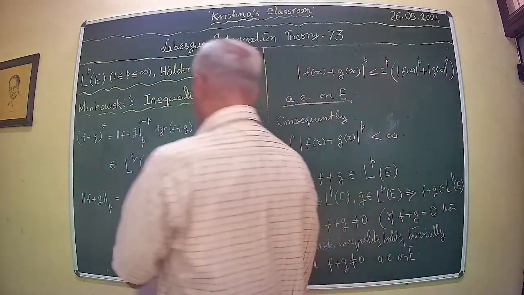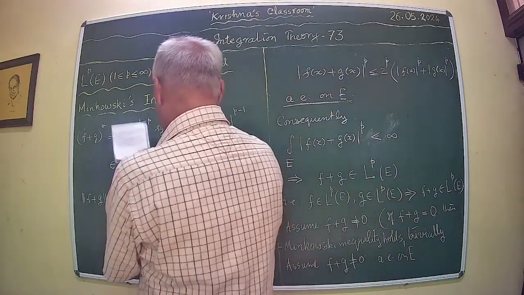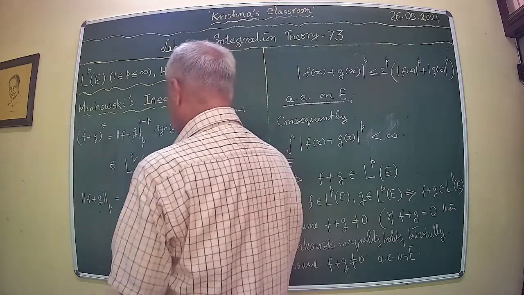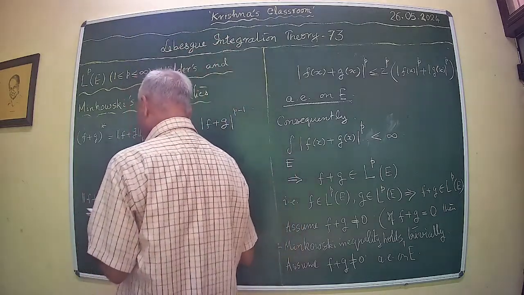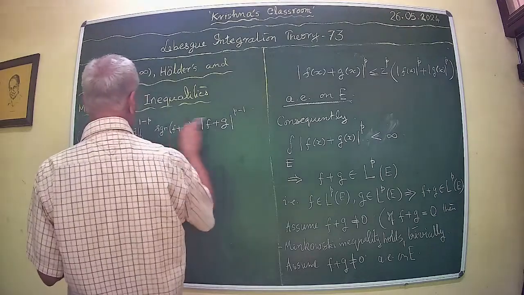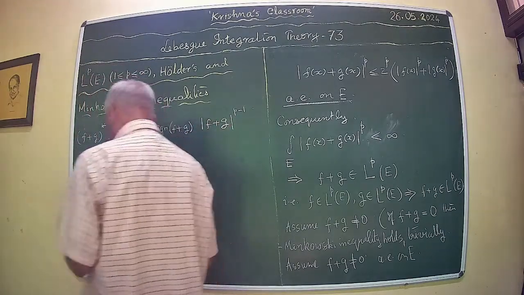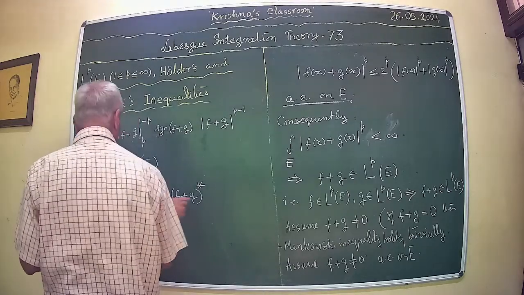This is what we have computed, and you just use this. You multiply by F plus G, and then you compute the whole thing. Now this is equal to, so we can split this.